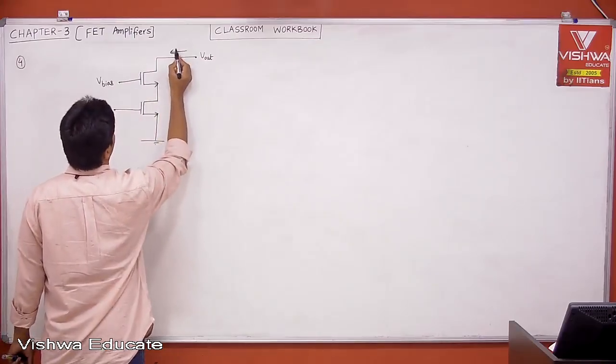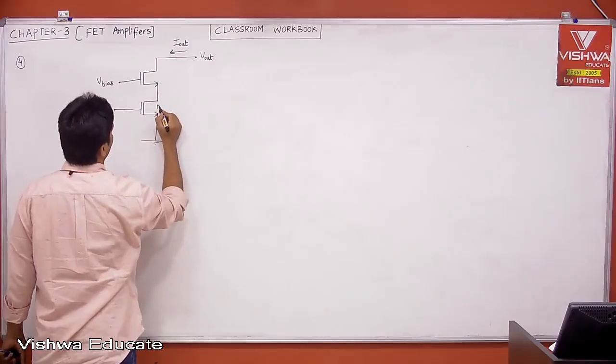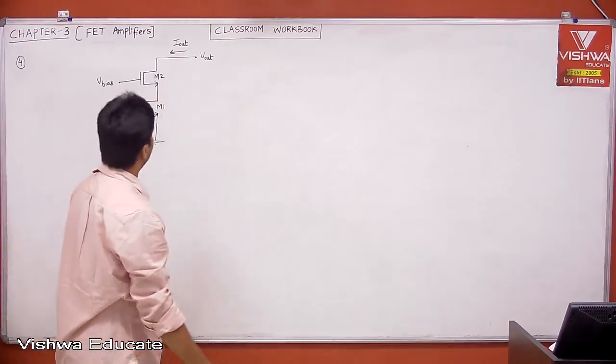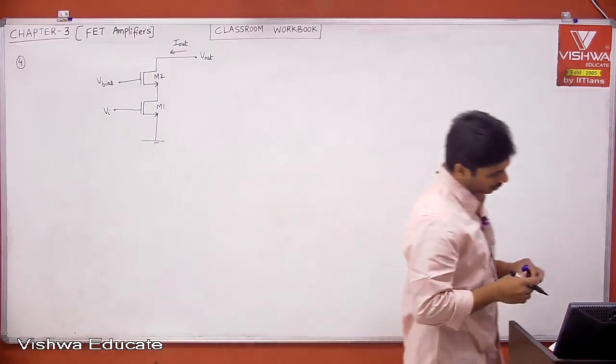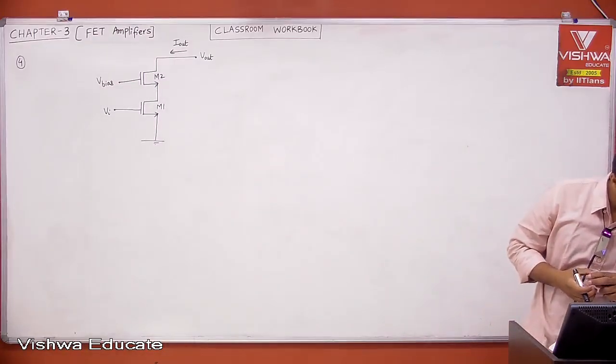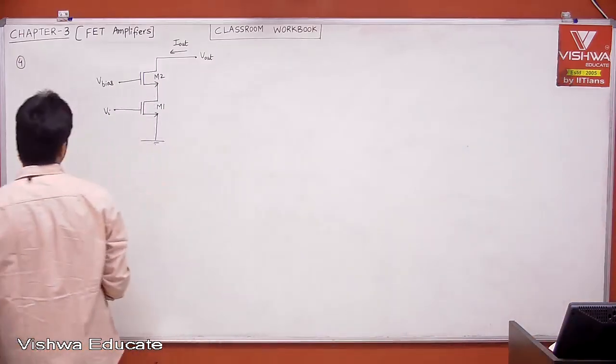And this is Iout. This is M1, this is M2. Then it is asking what is the GM of this transistor pair, the equivalent GM of the pair.